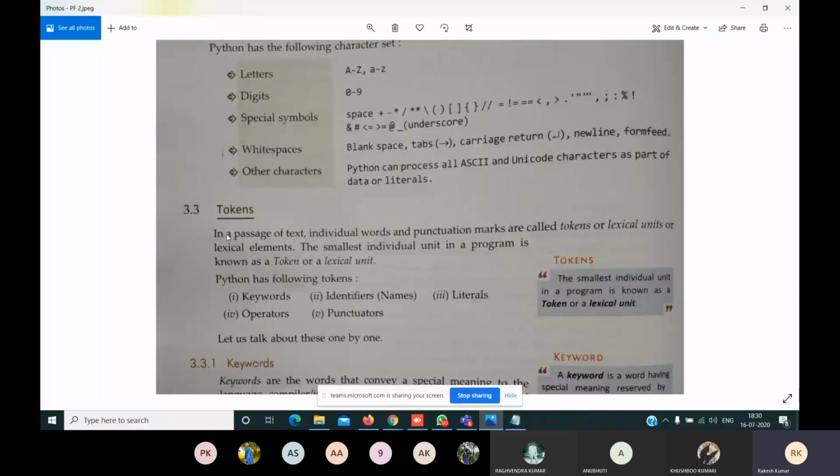So in a passage of text, individual words and punctuation marks are called tokens. Any individual dot, the smallest individual unit, is called a token.